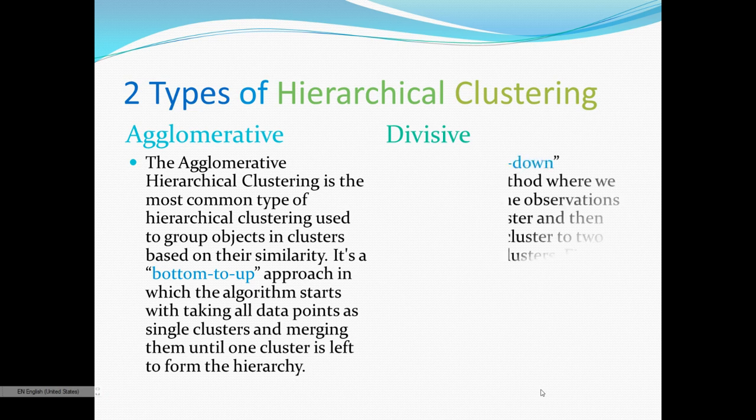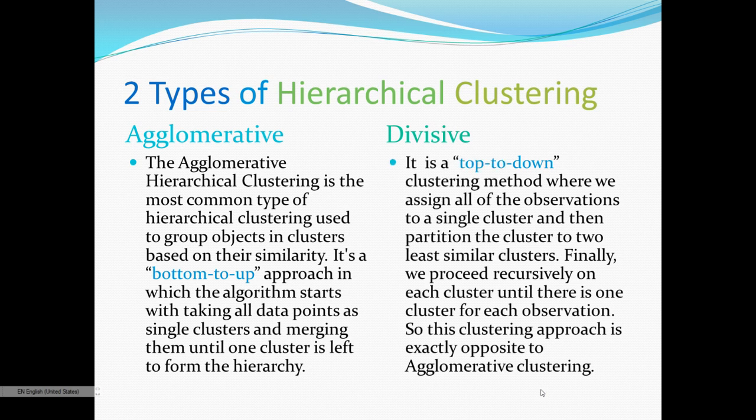And in the divisive, it is a top-to-down clustering method where we assign all of the observations to a single cluster and then partition the cluster into two dissimilar clusters. So we have one big cluster of many small points in it, and now we make two separate groups.